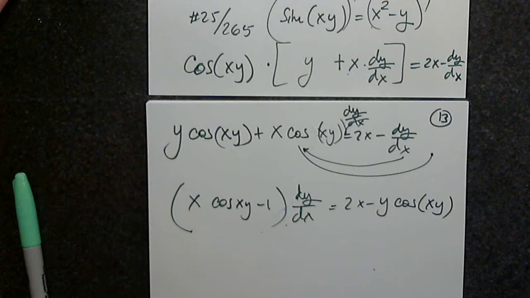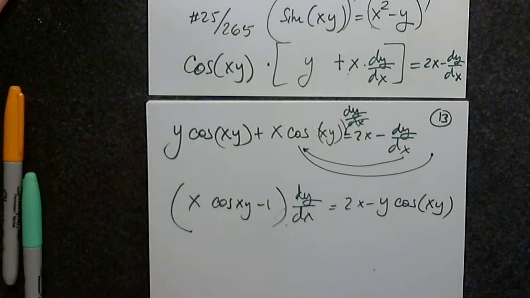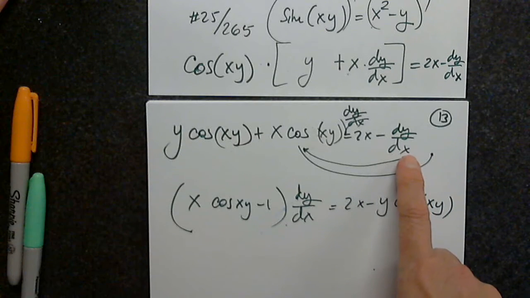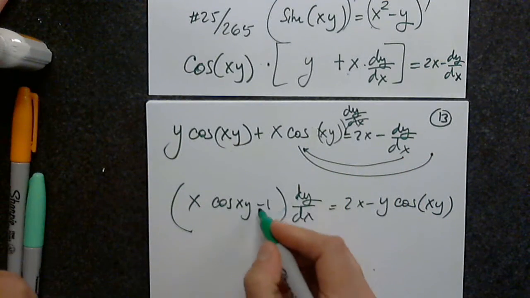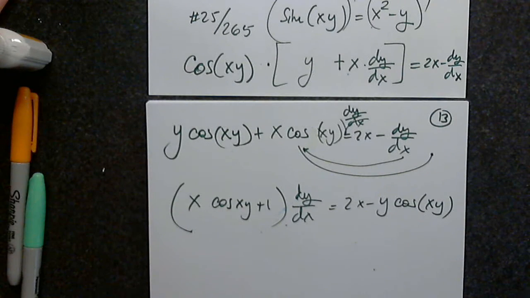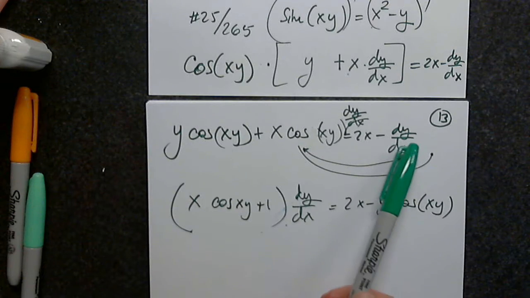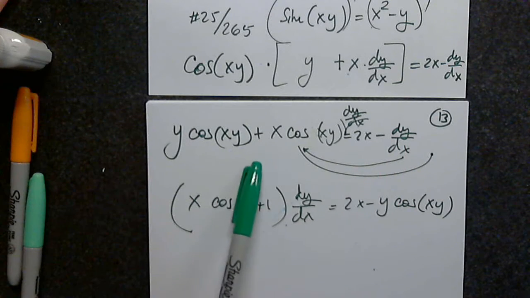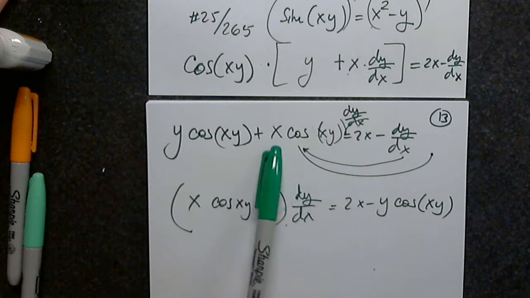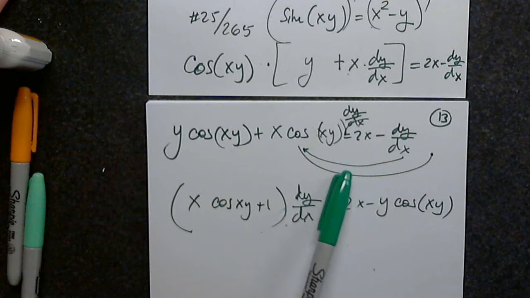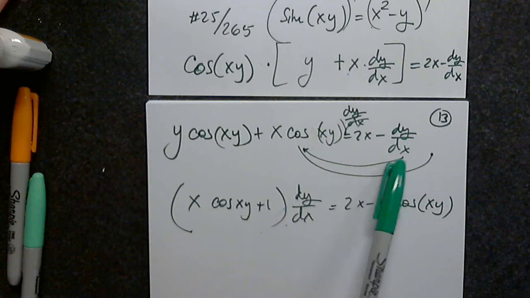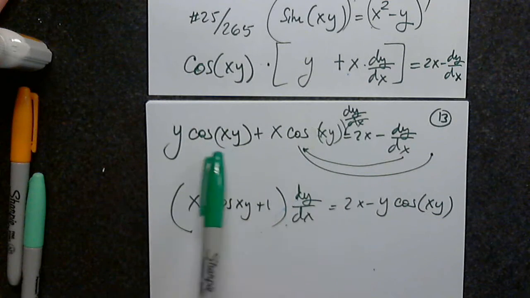Do you agree with this so far? Yes? So, yes, of course. So x cosine xy, of course, thank you, my apologies, plus 1 equals 2x minus y cosine xy, that's correct, and then 2x minus that.